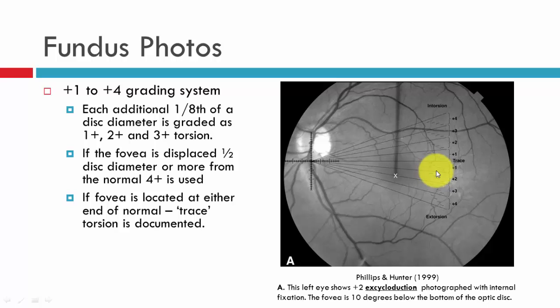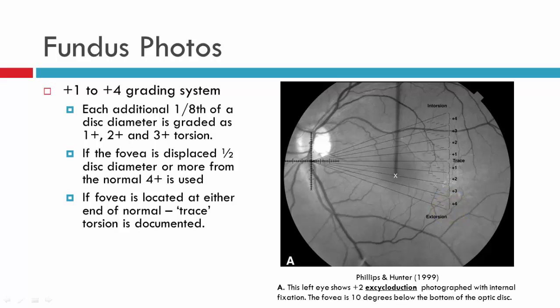So this line here indicates +1, and anything beneath here is indicating +1. And each line actually here indicates 1 degree. So this is 1 degree from trace, 2 degrees, 3 degrees, 4 degrees, and then we have our +1. So anything within here is +1. Then the next is +2, +3 and +4. And for +4 and above, generally you have the fovea displaced half a disc diameter or more from normal.